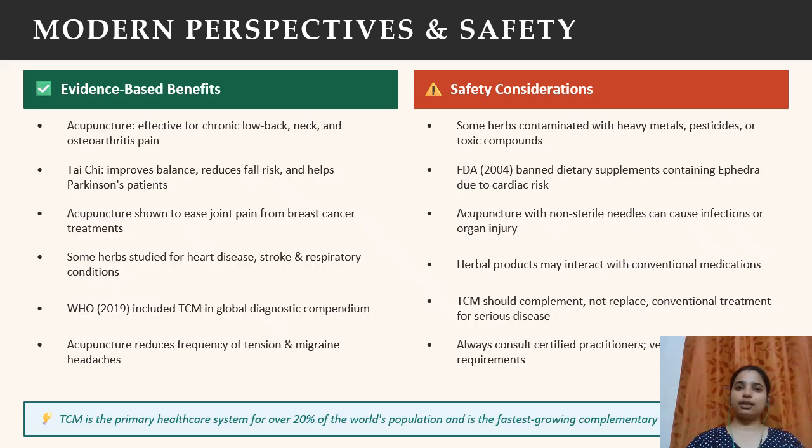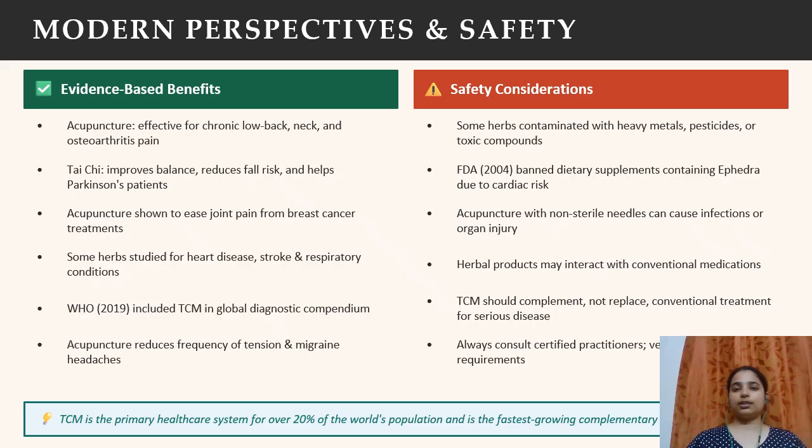We dealt with around 8 treatment modalities and 4 diagnosis methods in TCM, and we went through a list of herbs which are abundant in China, as well as Kampo, the Japanese system of medicine, which is similar to the Chinese system of medicine, and the modern perspectives and safety concerns.